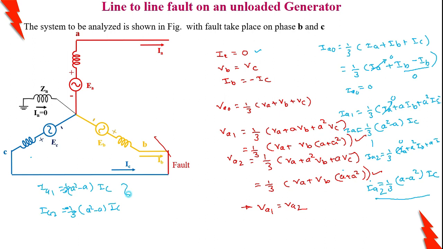Means from these two relations, what I am getting ultimately is IA1 is equal to minus IA2. That is another condition we are getting.